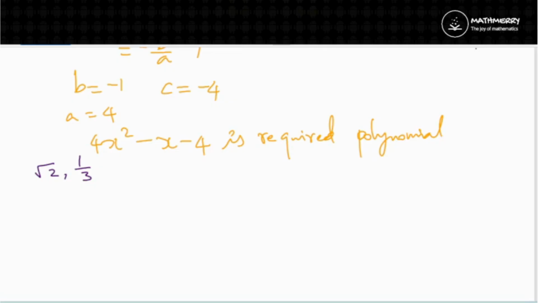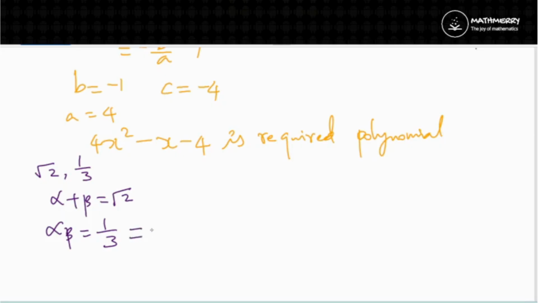Then we can say that alpha plus beta is equal to root 2 and alpha into beta is equal to 1 by 3.